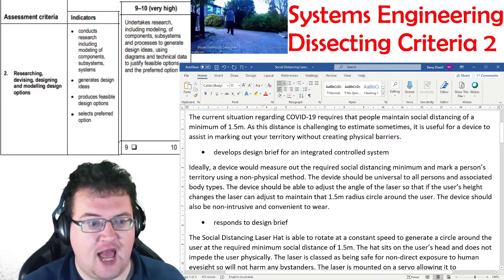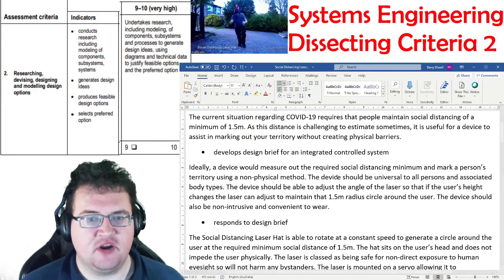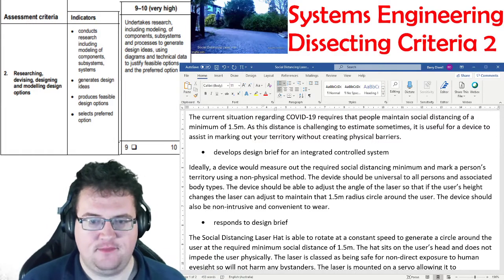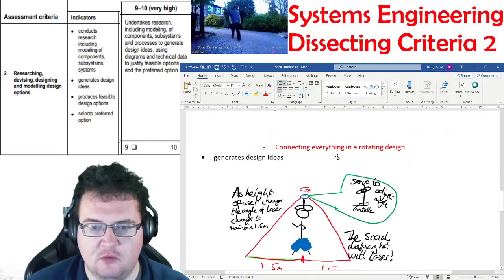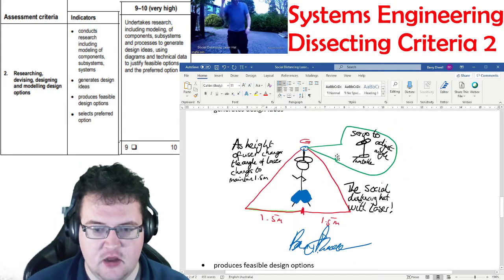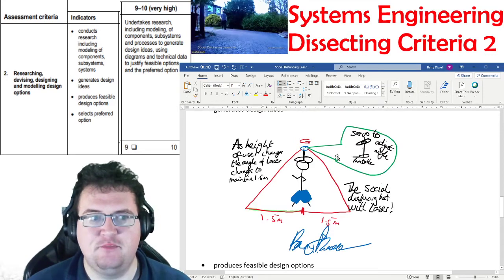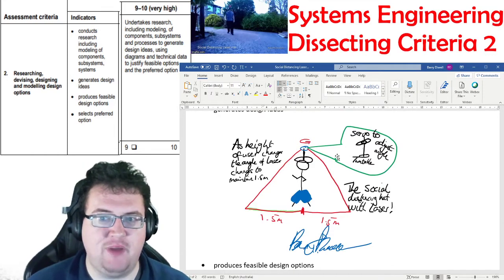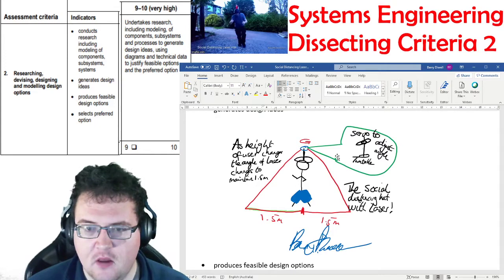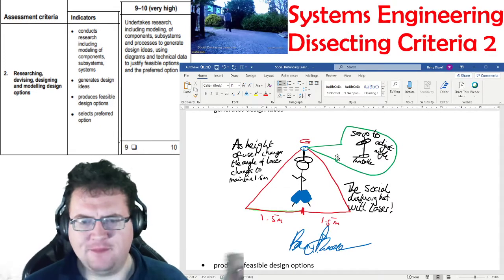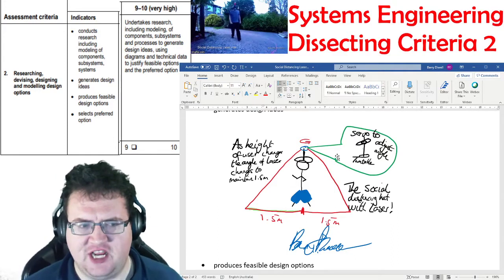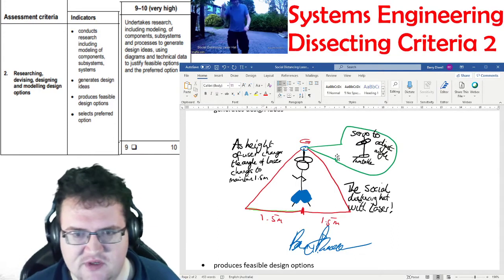I'm going to make it a hat, but my design brief doesn't say it has to be a hat. So I could also say, well, okay, what if I have a laser belt? What might a laser belt look like? Or it could be some sort of weird arm guards thing that projects out the distance.